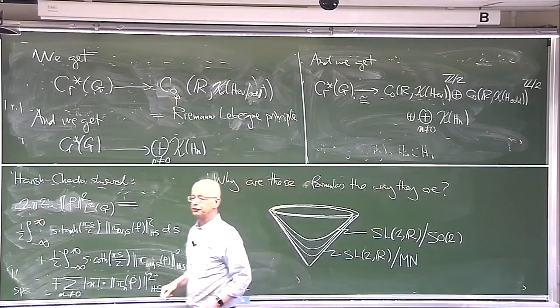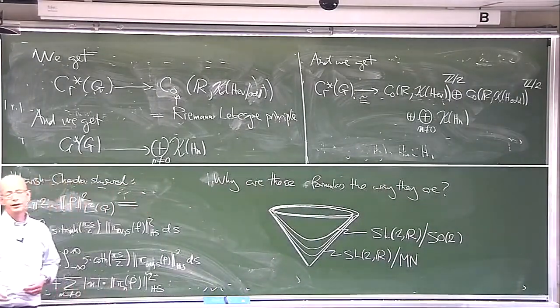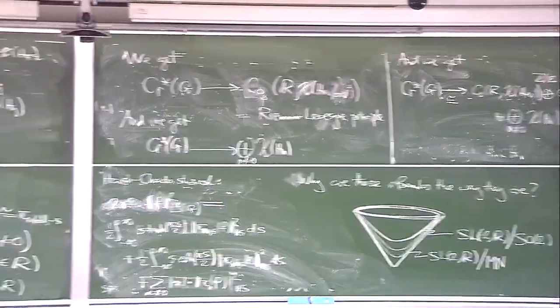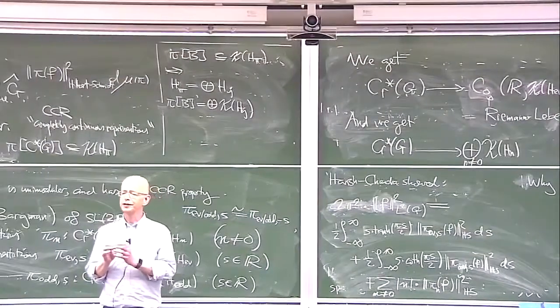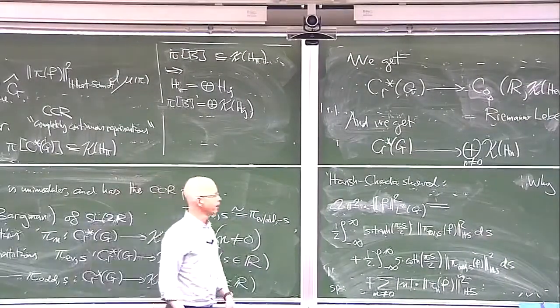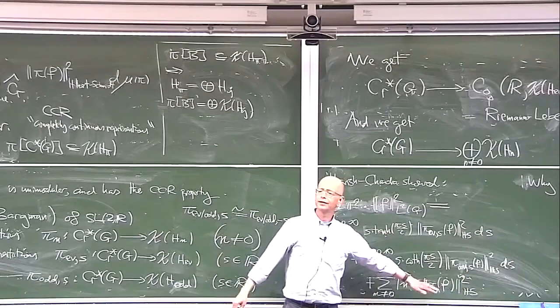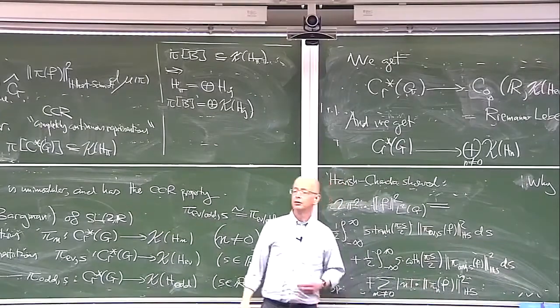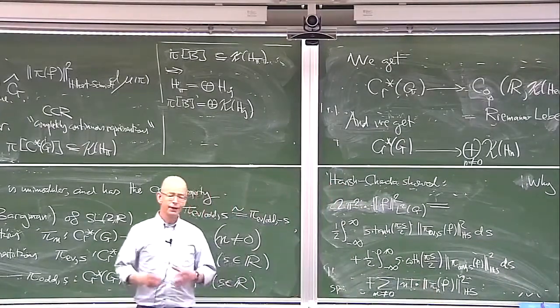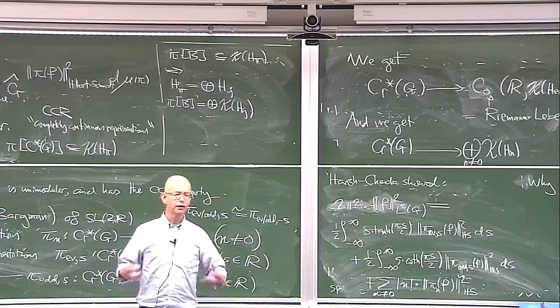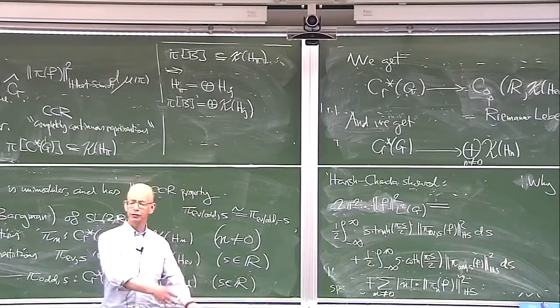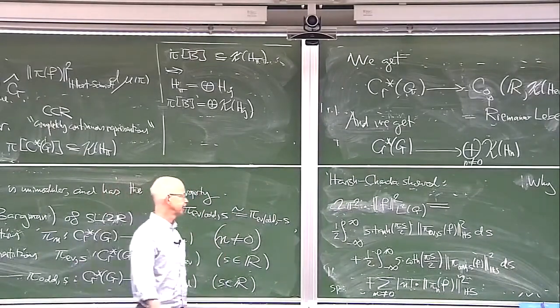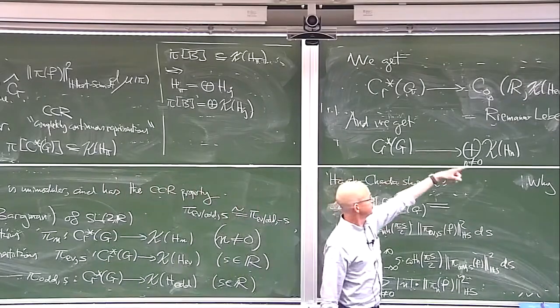What's responsible for the fact that when you study the representation theory of SL2, there's a part which is discrete in character, like you see for compact groups, and there's a part which is continuous in character, like you see for vector spaces? What's responsible for that dichotomy in the representation theory, some discrete and some continuous? Okay, you see it here, and of course you see it in the C-star algebra.